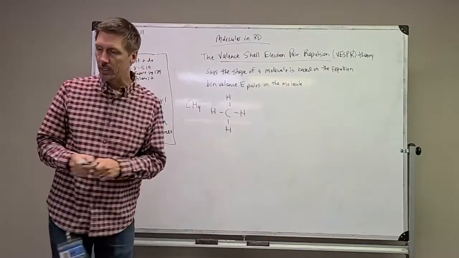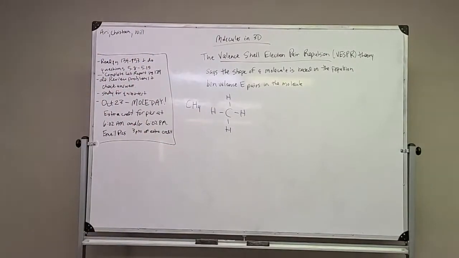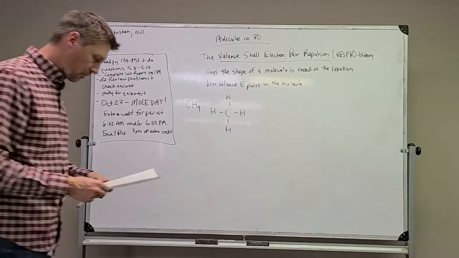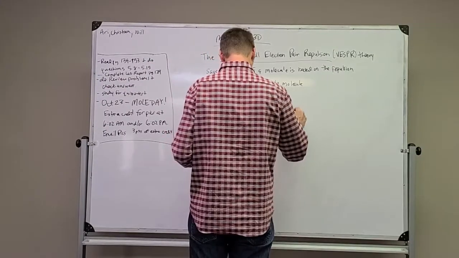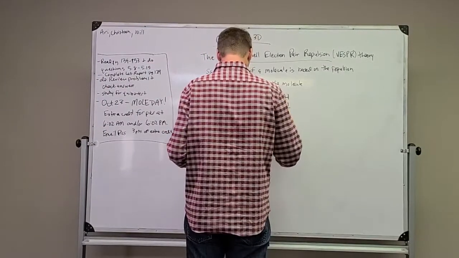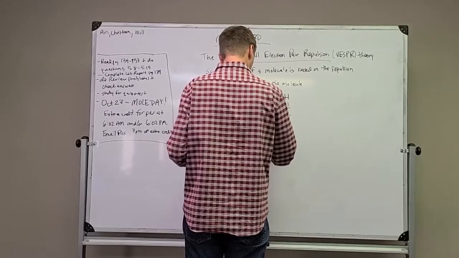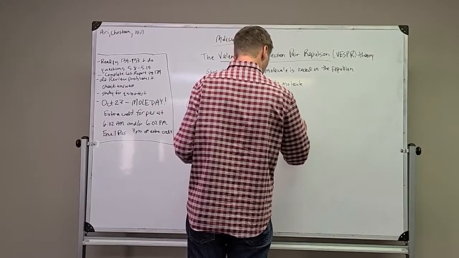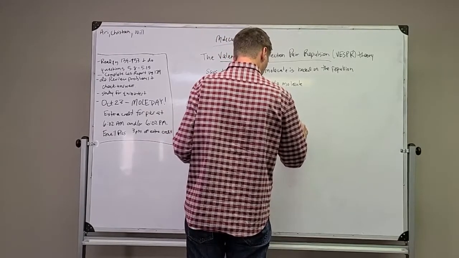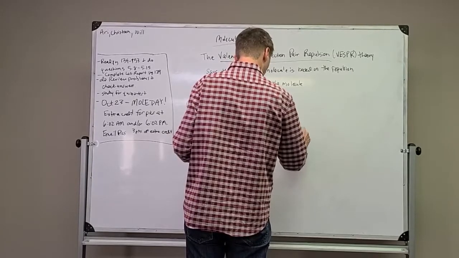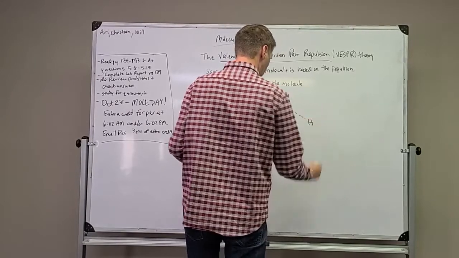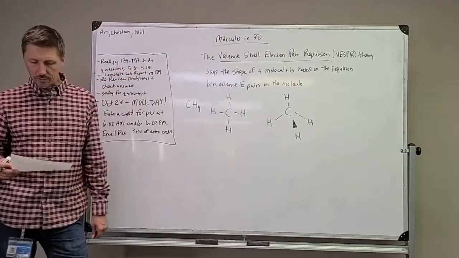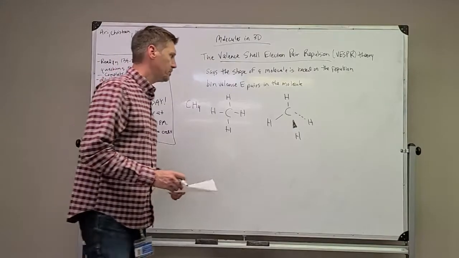But since it's in three-dimensional space, you'd actually have to look on page 143 to see a 3D drawing of what this molecule actually looks like. I'm going to try to represent that on my two-dimensional board here, where I've got this bolded line, which is supposed to be coming out of the board, and this dotted line is supposed to be going into the board. So it actually looks something like that in three-dimensional space.